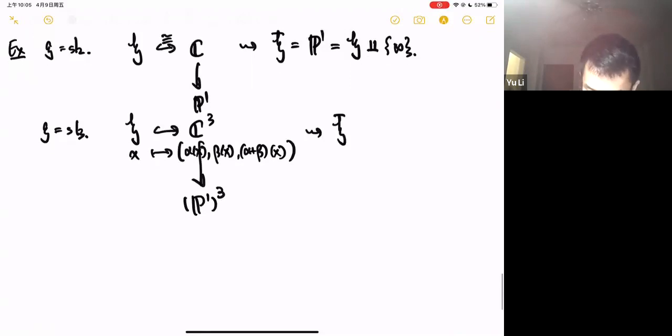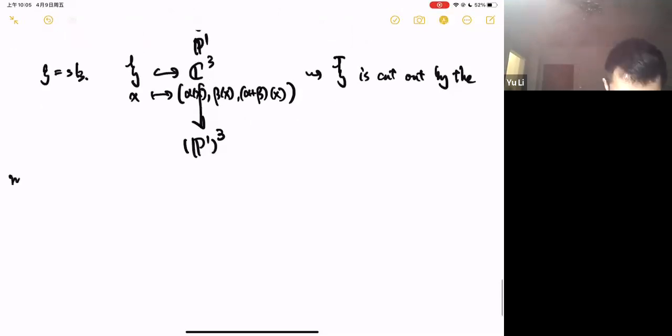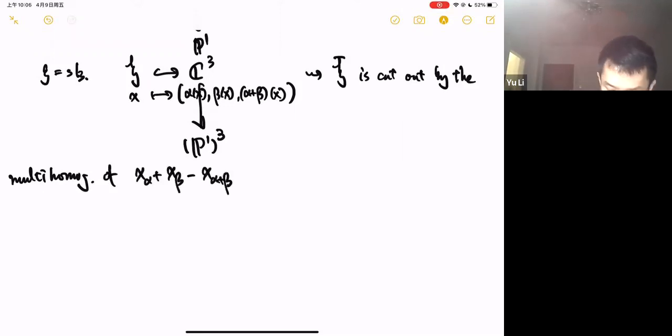So it's not too hard to verify that H bar is cut out by the multi-homogenization of the polynomial X alpha plus X beta minus X alpha plus beta, where of course X alpha, X beta, and X alpha plus beta are inhomogeneous coordinates on C3.